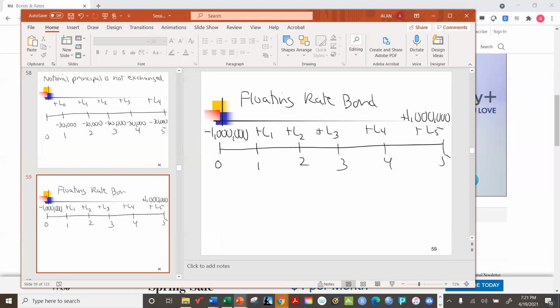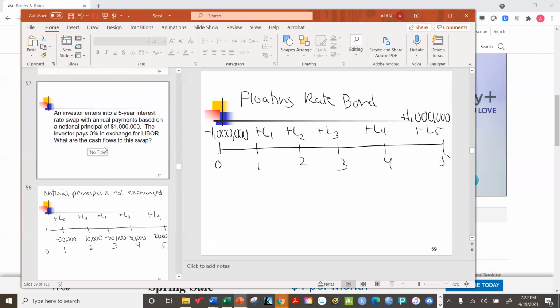So these cash flows match up with the person who owns the floating rate bond. I'm paying $1 million, I collect all the coupons, and at the end I get my $1 million back. So this is the equivalent of saying I am the owner of a floating rate bond.